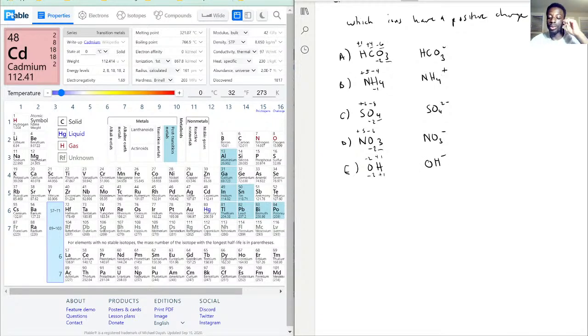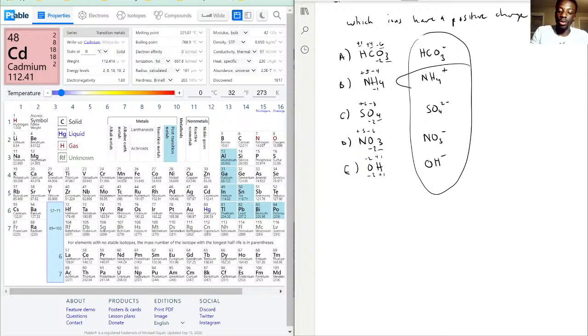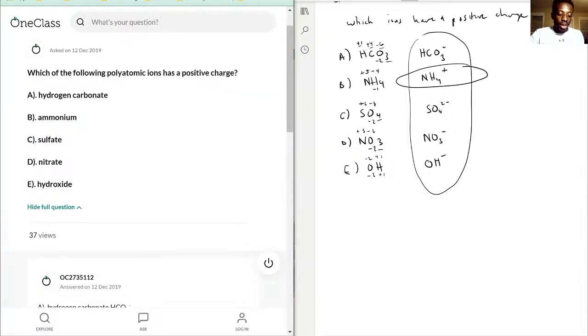So sorry about the earlier part, but the summary is that once you have this breakdown, by working through your charges, you can figure out which one it is. And you notice that the only one it would be is ammonium. We could have just skipped to the part where we said, oh, it's ammonium because we know the names, but this kind of charge distribution helps you figure out which one is actually the positive charge for the polyatomic ion.